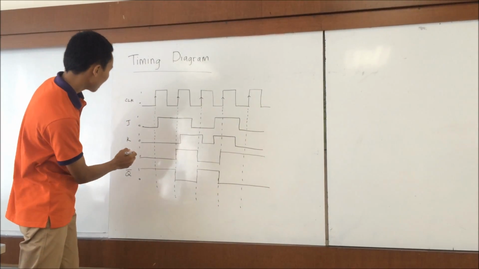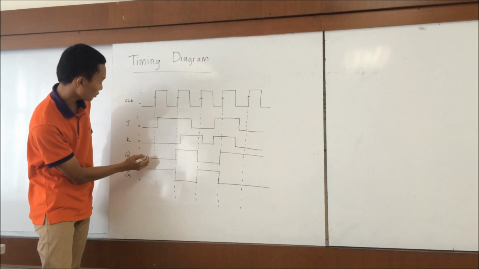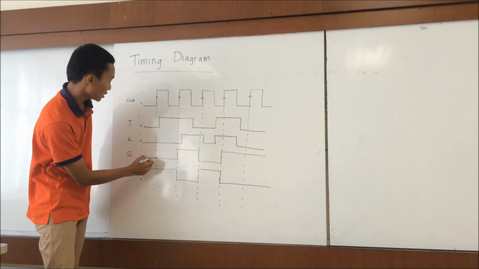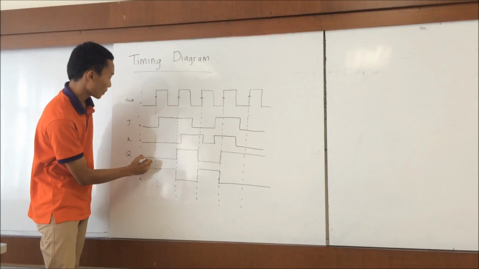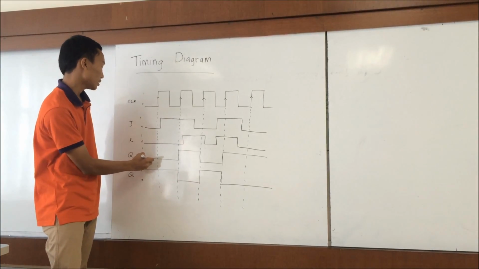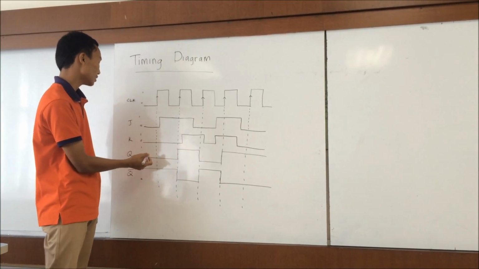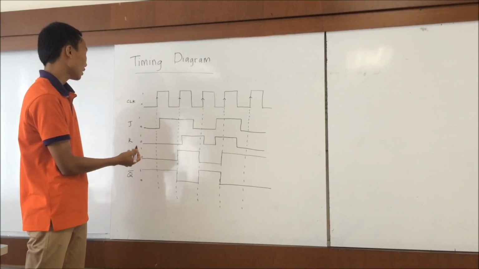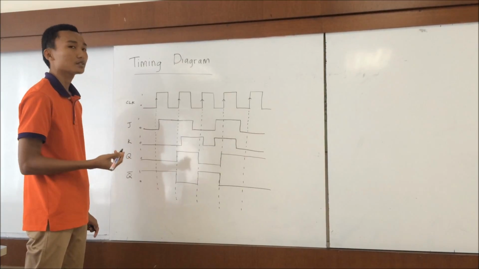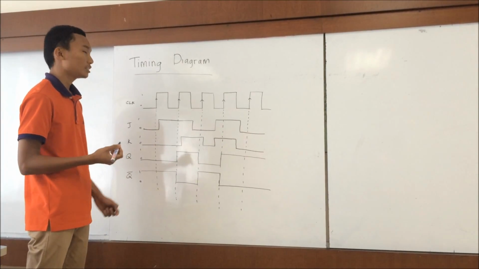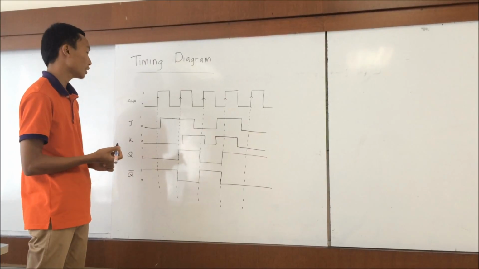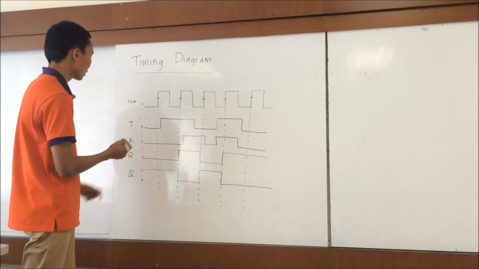So if there is no change, the output Q just remains at the value of 0, since the graph only has two values, 0 and 1, because all digital circuits only require binary numbers, right?